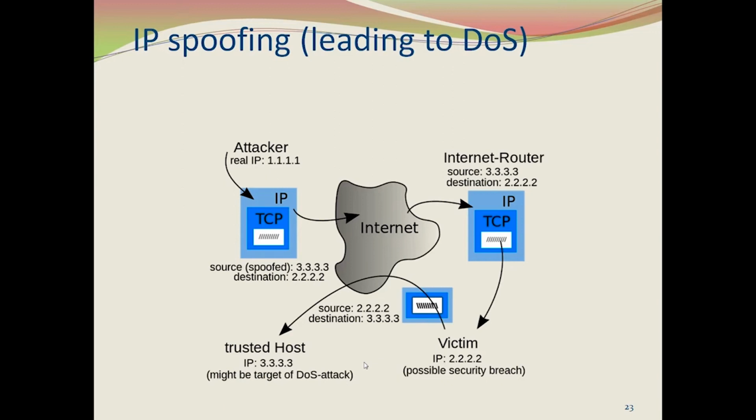So, it goes over there through different routers, wireless access points, internet and other servers. Now, this destination which is 2.2.2.2 finds that the source from which the packet is coming is 3.3.3.3, right.